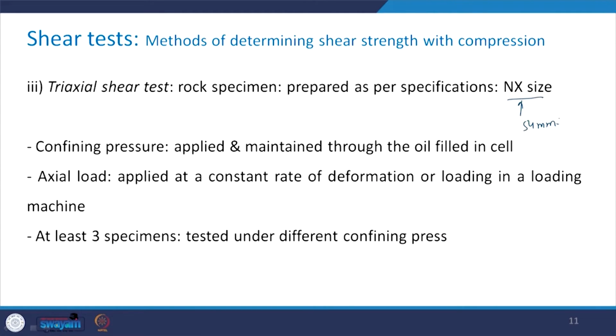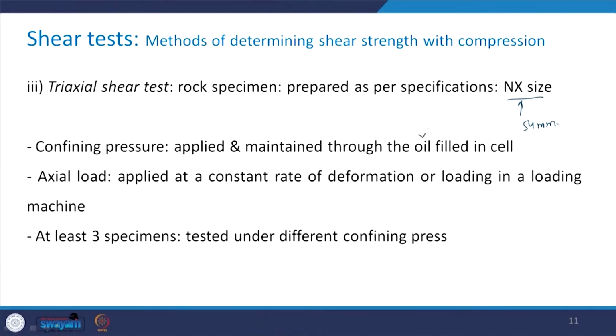In the case of soils, we apply the confining pressure with the help of water. But here, in the case of the rock specimen, we will be mobilizing confining pressure through the oil which is filled in the cell. The reason being that rock has a much larger shear strength as compared to soil, and it is really not possible to mobilize that order of confining pressure with the help of water, and therefore oil is used for this purpose.